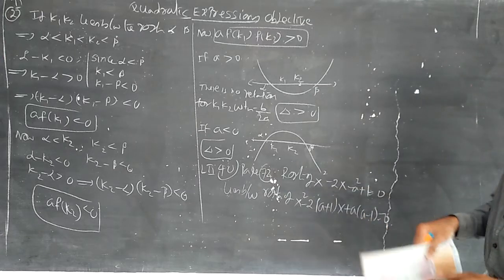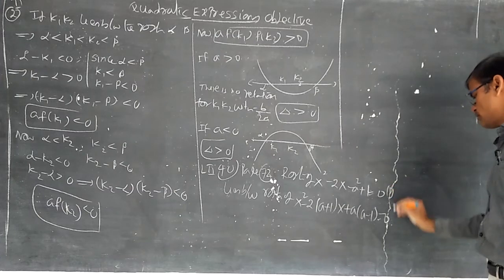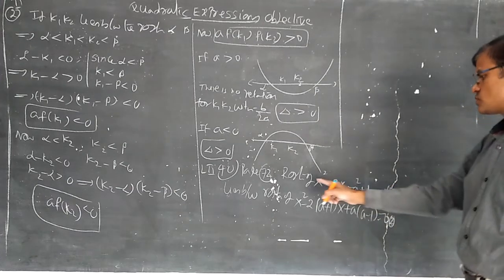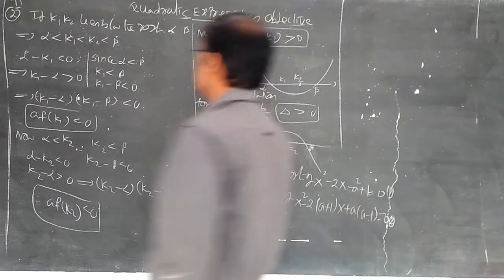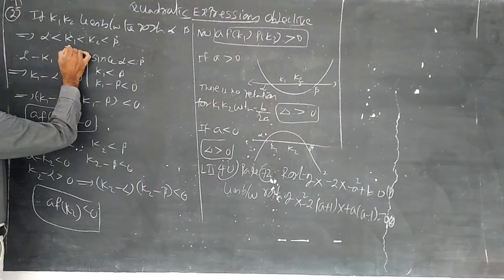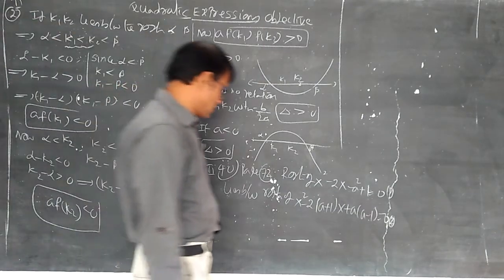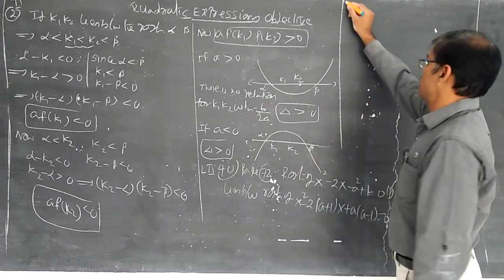So first of all, we need to calculate the roots of the first quadratic. Put here this is 1 and this is 2. The meaning is that roots of the first equation are K1 and K2, and alpha, beta are the roots of the second quadratic equation.